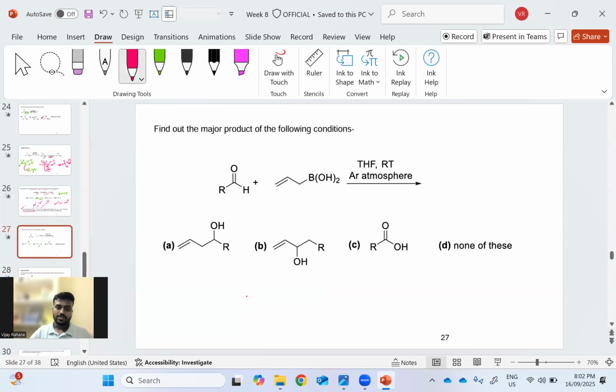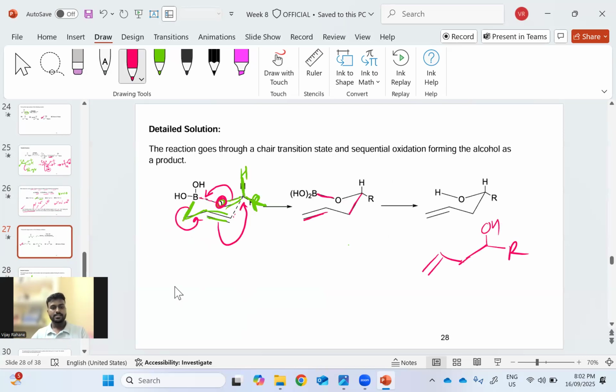So what is the product here? Product A is the correct option here. Right, any doubt in this question? Basically, this reaction goes through a chair-like transition state and then oxidation, forming alcohol as a product.